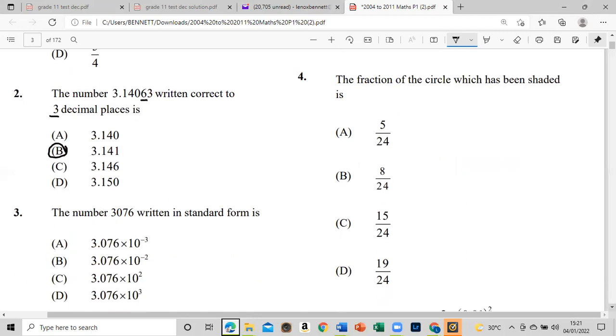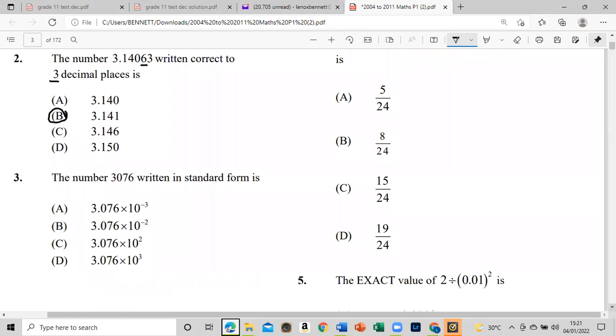The number 3076 written in standard form is... now standard form must be between 1 and 10. So you can have 1 point something, 2 point something, 3 point something, up to 9 point something. It has to be a single digit. So basically, all whole numbers, the decimal point is right here.